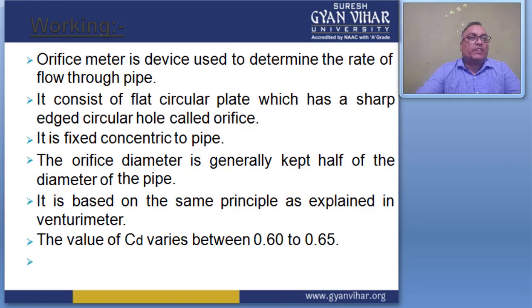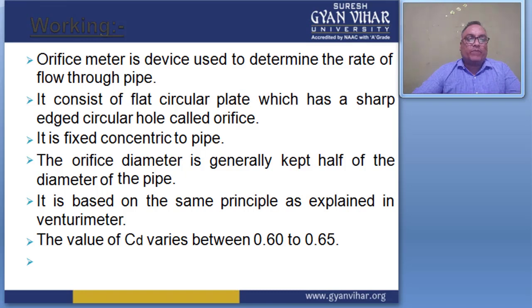This is the working of the orifice meter. As with the venturimeter, the orifice meter also determines the rate of flow through a pipe. It consists of a circular plate which has a sharp-edged circular hole called the orifice, fixed concentric to the pipe. The orifice diameter is generally kept at half the diameter of the pipe.